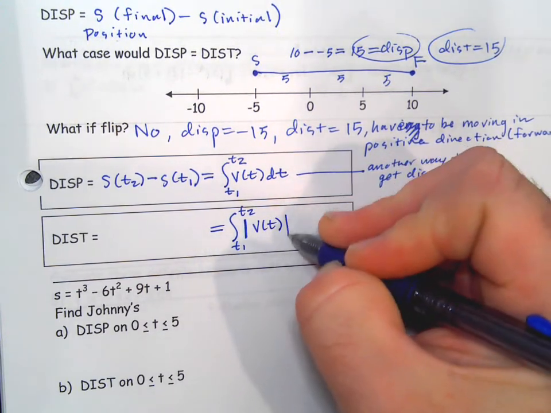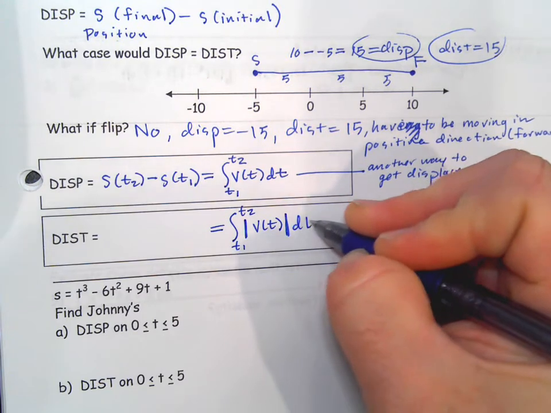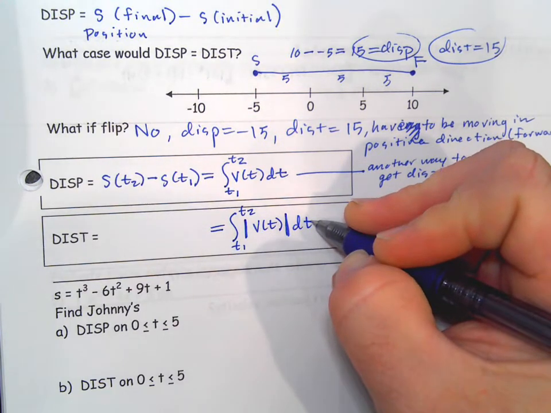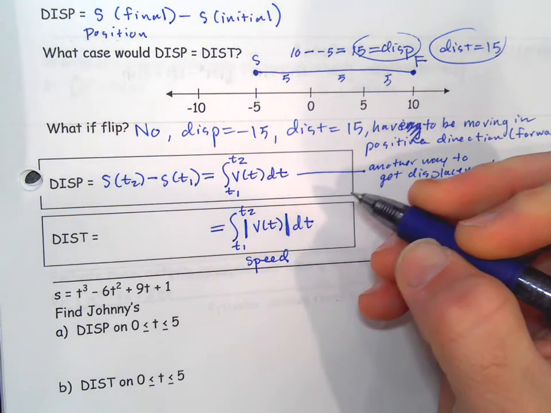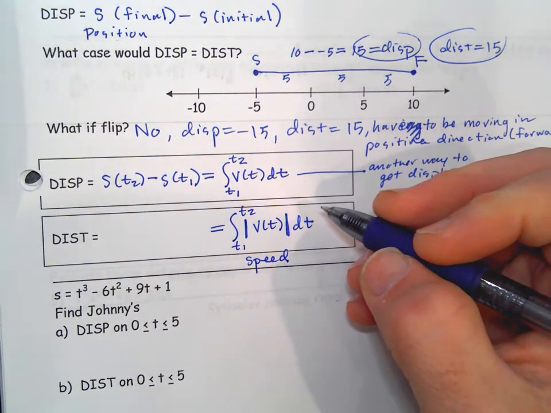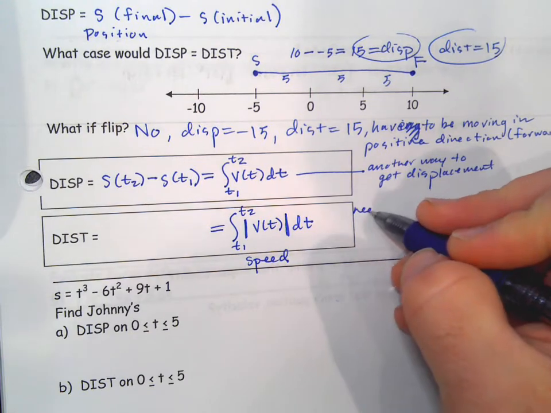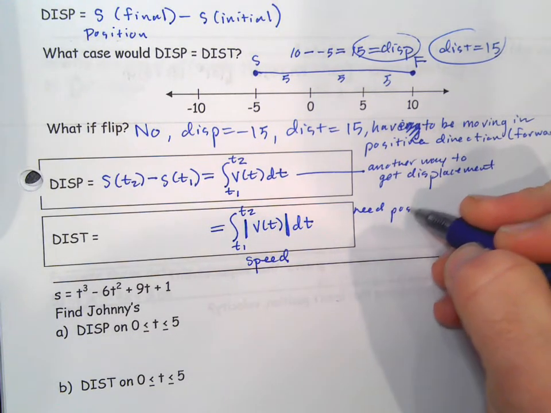That would force all the changes to be positive and they would all add up. By the way, this is the same thing as speed. So when you think distance, you think integrate speed.